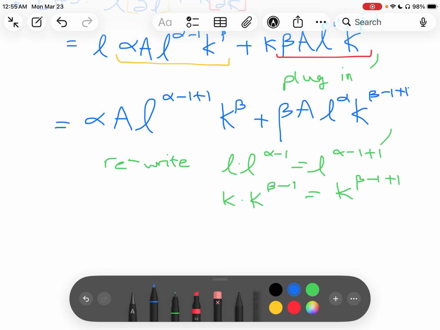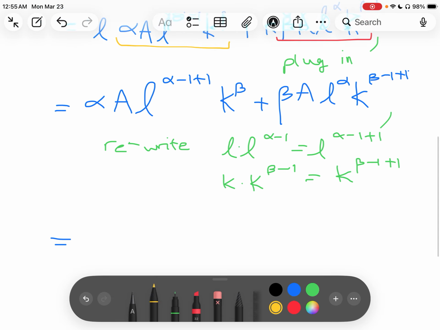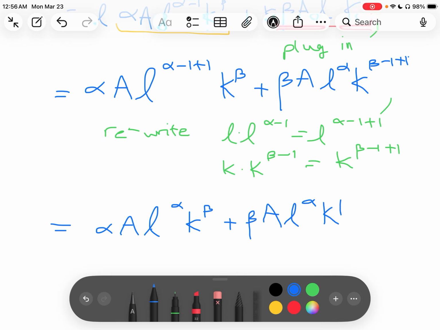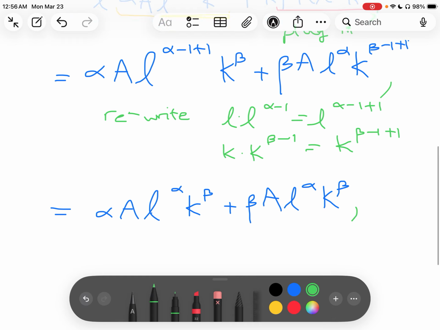And the next step, we're just going to simplify. Remember, we were going to cancel these out. So next we have alpha A times L to the alpha, K to the beta, plus beta A times L to the alpha, K to the beta, right? And here we just simplify.